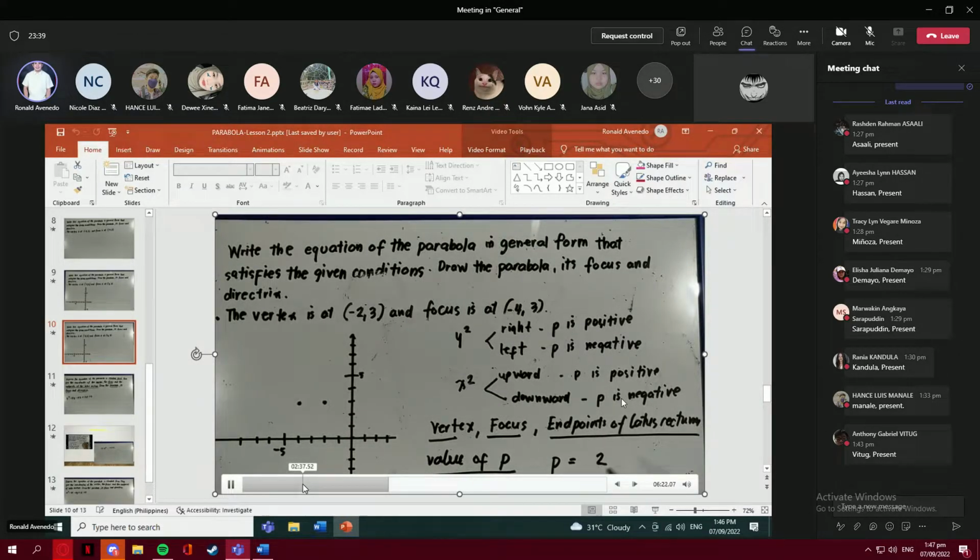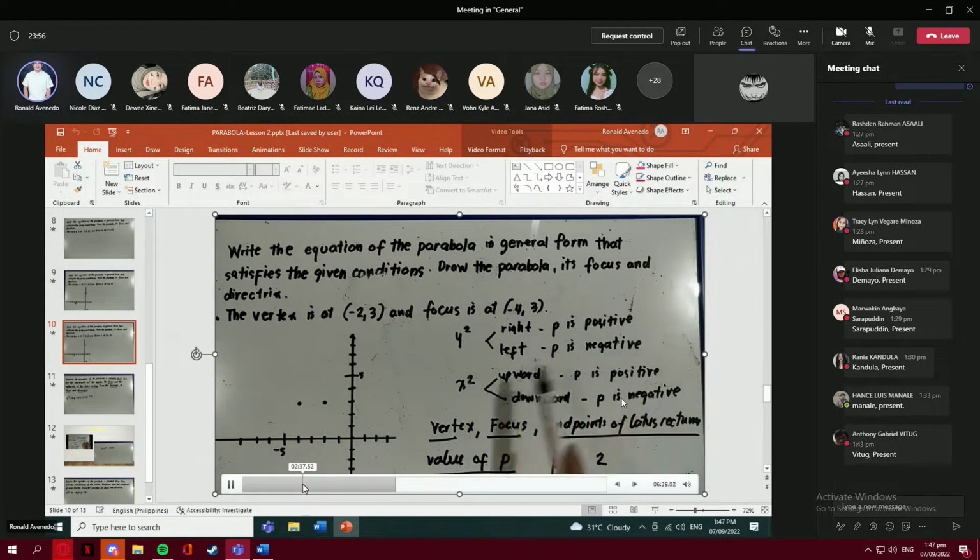But take note that based on the 2 points, our focus is at the left of our vertex. So if it is going to left, then P is negative. So our P should be negative 2.